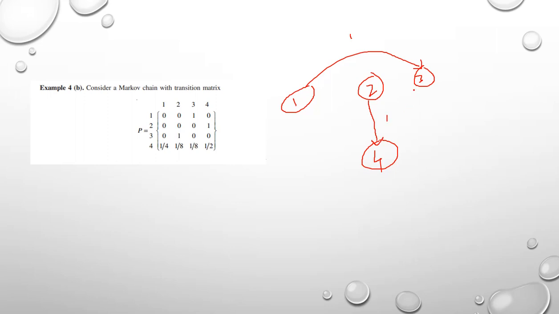Then 3 to 2 is 1. From 4 to 1 possible, 4 to 4 possible. Here everything is possible. 4 to 1, 4 to 2, 4 to 3, and 4 to 4 are possible.